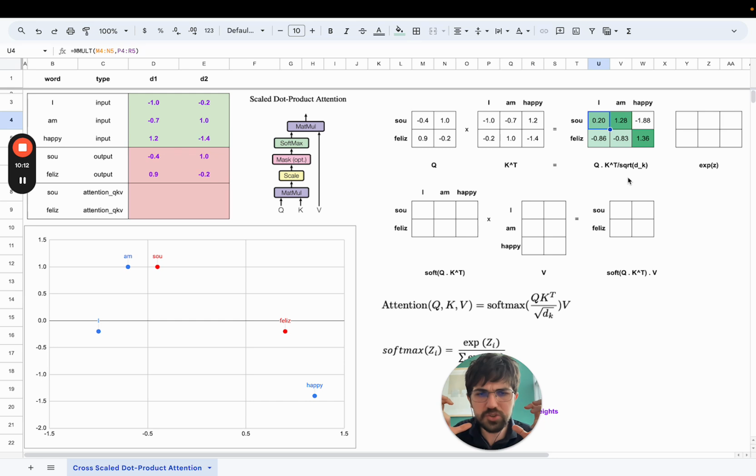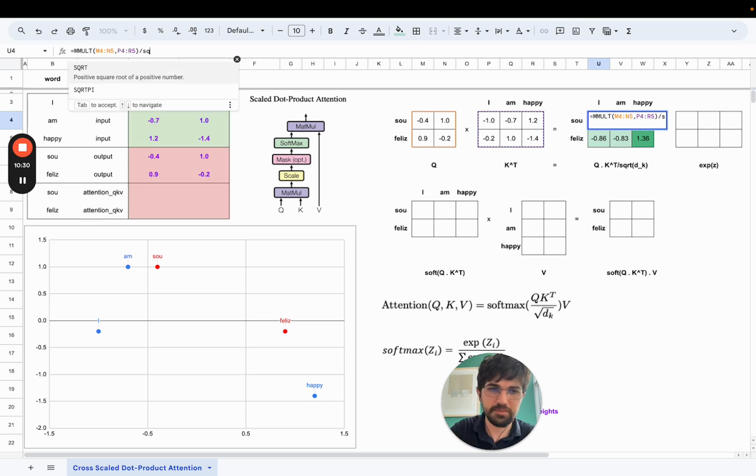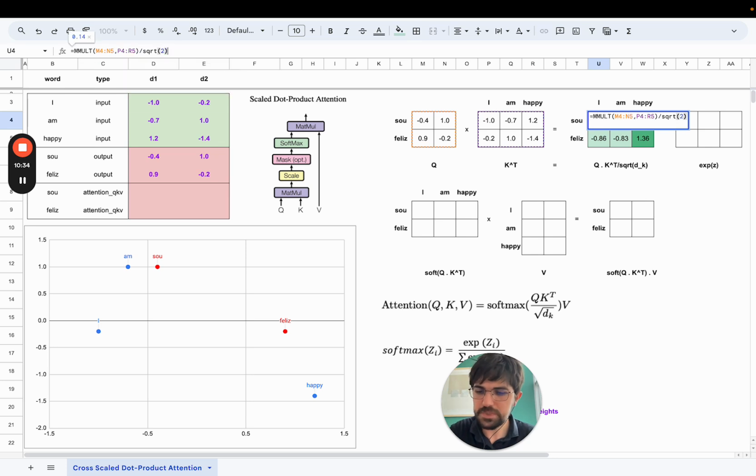And in order to do this normalization, we can divide by the number of dimensions of the embeddings that we have. In this case, our embeddings have 2 dimensions. So the actual value that we would have here would be this matrix multiplication divided by the square root of 2.